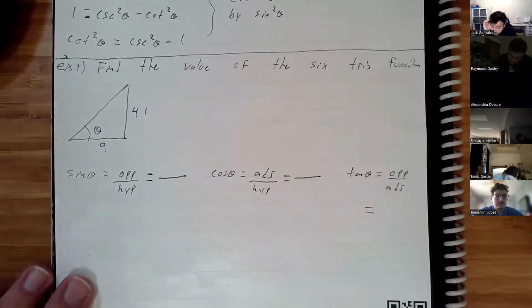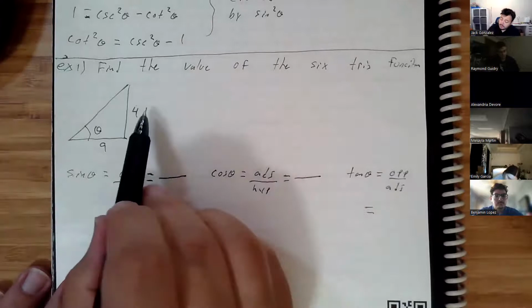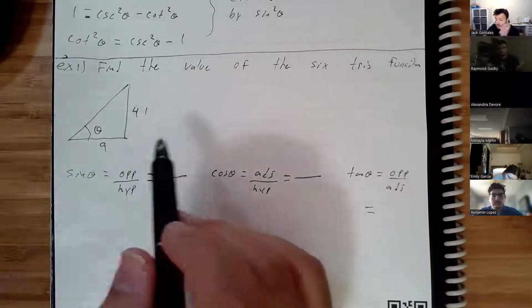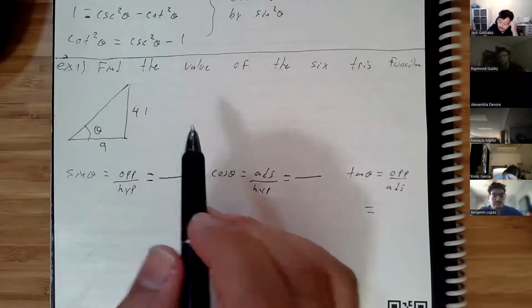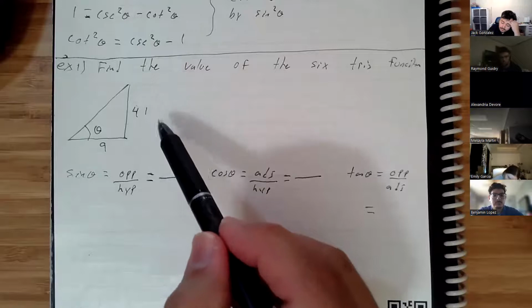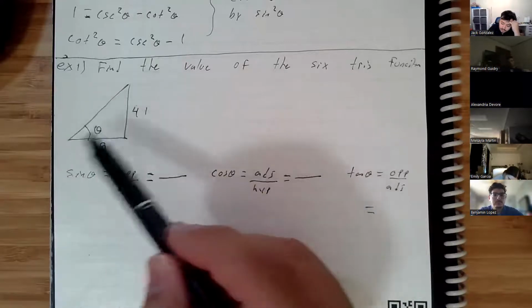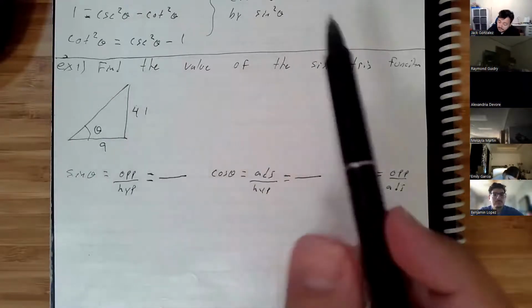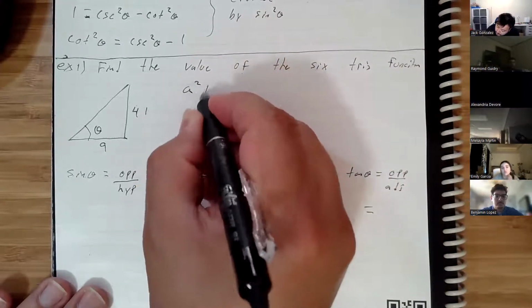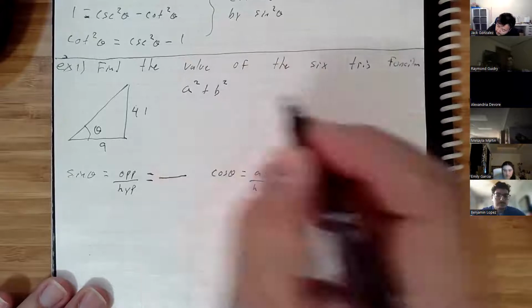Now, when you do a Pythagorean theorem, it doesn't matter if you call this A or this B, they're just the legs of the triangle. And Pythagorean says when you add the sum of the legs squared, it will be equal to the hypotenuse squared. Doesn't matter which one is which. So again, this only works for right triangles.